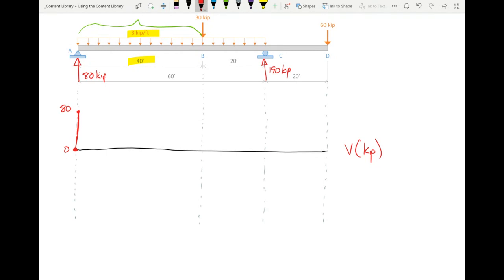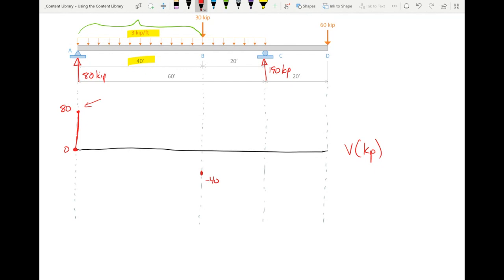Now, here's the first thing I want to do. I want to recognize that if I start at 80 and I'm going down, these are downward forces, and I'm going down 120 kips. That's going to put me at -40, right down here. How do you make that trek?